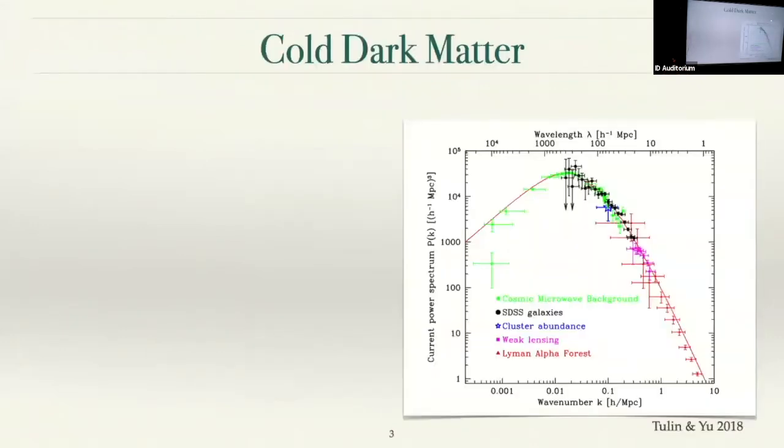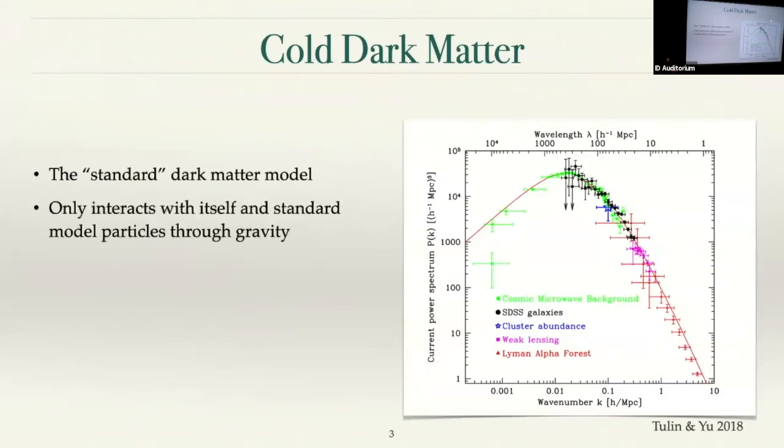First, I'm just going to start by introducing cold dark matter, which in the astrophysical community is largely considered to be the standard dark matter model. This cold dark matter only interacts with itself and standard model particles through gravity. And it does a really good job on large scales, so scales above about a megaparsec, and that's what I'm showing here on the right-hand side.